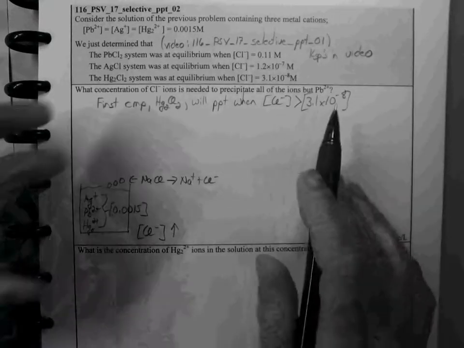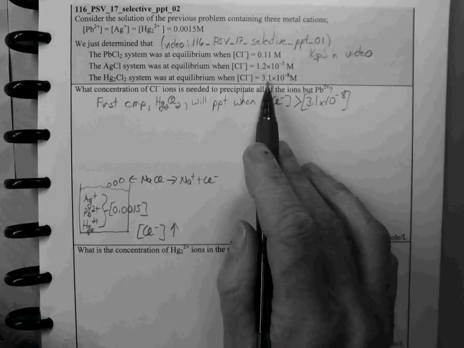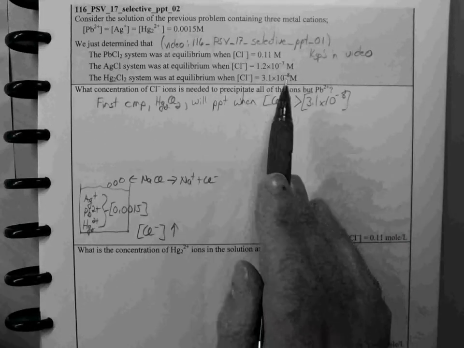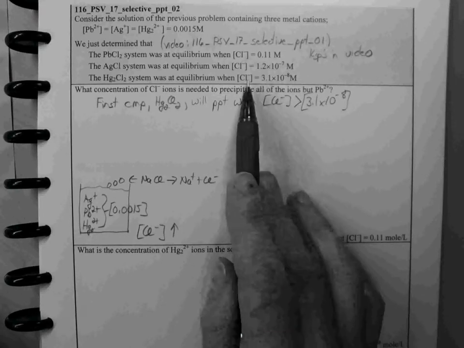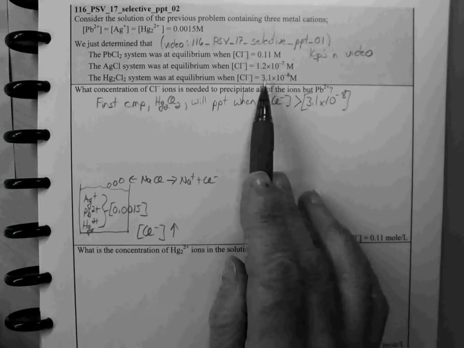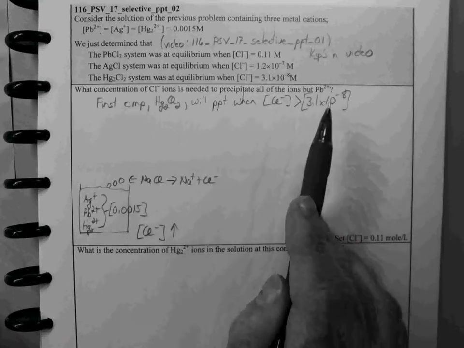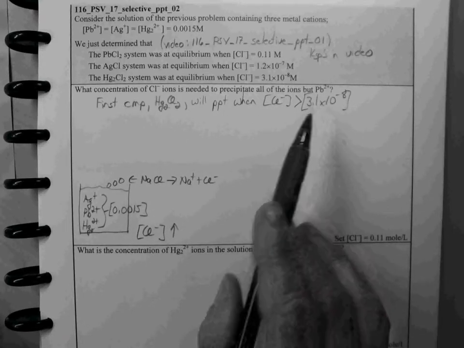Because at this concentration, the system is going to be at equilibrium. We need to get an ion product that's greater than this in order for the precipitation to occur.